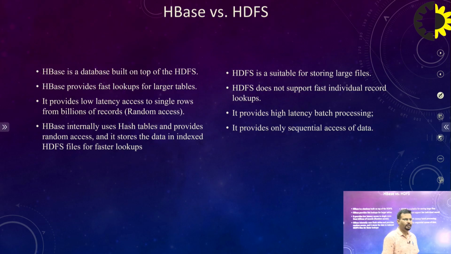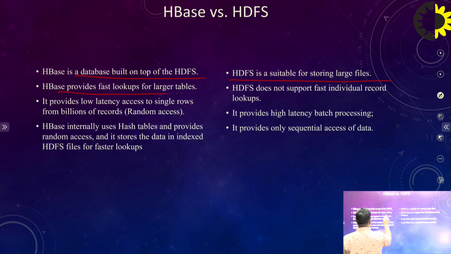Okay. Next, the difference between HBase and HDFS. HBase is a database built on top of HDFS, and HDFS is suitable for storing large files. HBase provides fast lookup for larger tables. HDFS does not support fast individual record lookup.